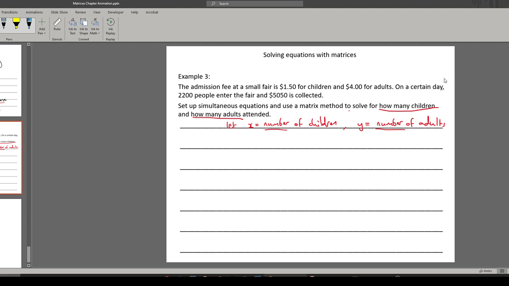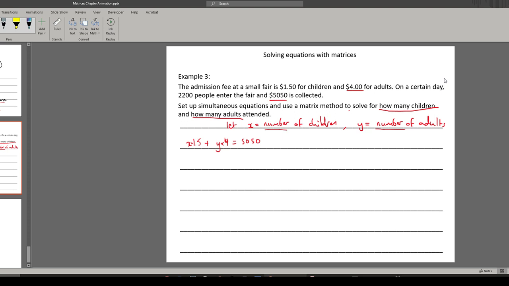Now that I know x is the number of children, let's use that. Okay. So all of the children that come in times by 1.5 plus all of the adults that come times by the cost of 4 is equal to the amount of money that we brought in, 5,050. So that's one.